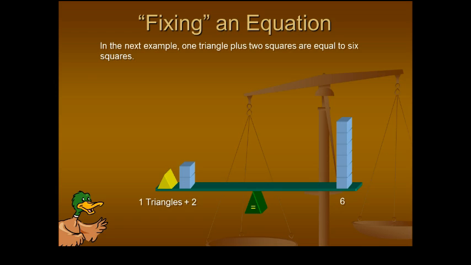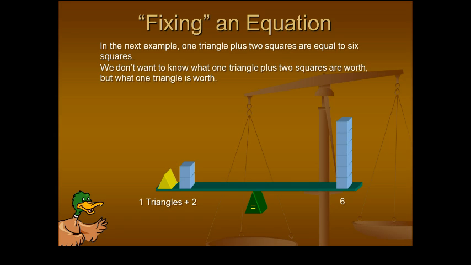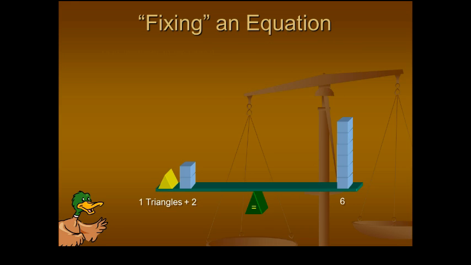In the next example, 1 triangle plus 2 squares are equal to 6 squares. We don't want to know what 1 triangle plus 2 squares are worth, but what 1 triangle is worth. The problem then is that there are 2 squares added to the triangle. To fix the problem, we undo it. To undo it, we do the inverse.